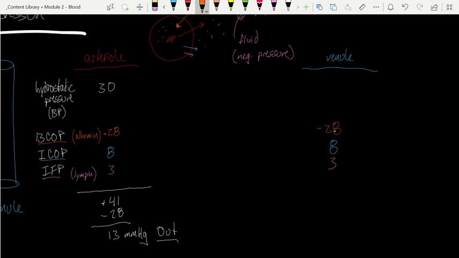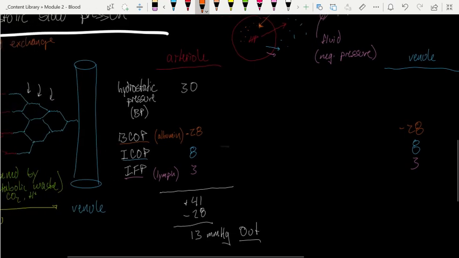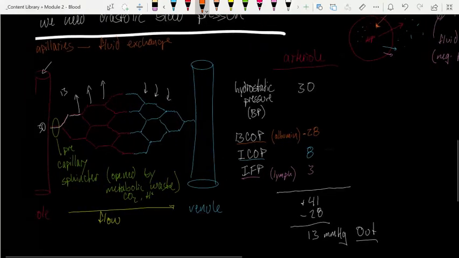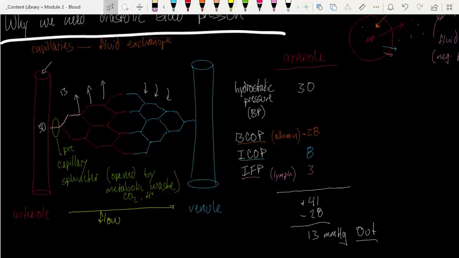But what about the hydrostatic pressure? Remember all of that stuff that you were yawning through that we talked about a few minutes ago. Look at what we did. We just went through this incredibly branched labyrinth of capillary beds. Not only are we running massively parallel, but with all of these capillaries added, our cross-sectional area has skyrocketed as we work through this capillary bed.